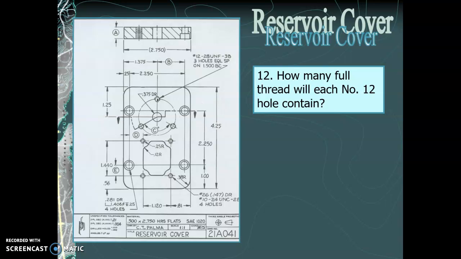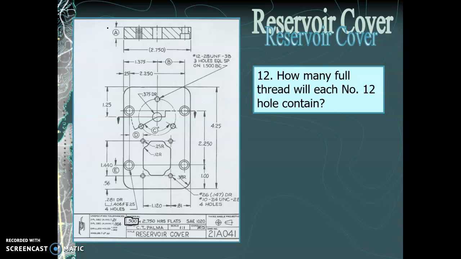We need to know the depth of this hole. No depth is specified in the hole note, so therefore it must be a through hole, and it goes all the way through the part, which has a thickness of 1/2 inch. Dimension A is not given, but this whole object, this reservoir cover, is made out of stock material that has a thickness of 0.5 inches.